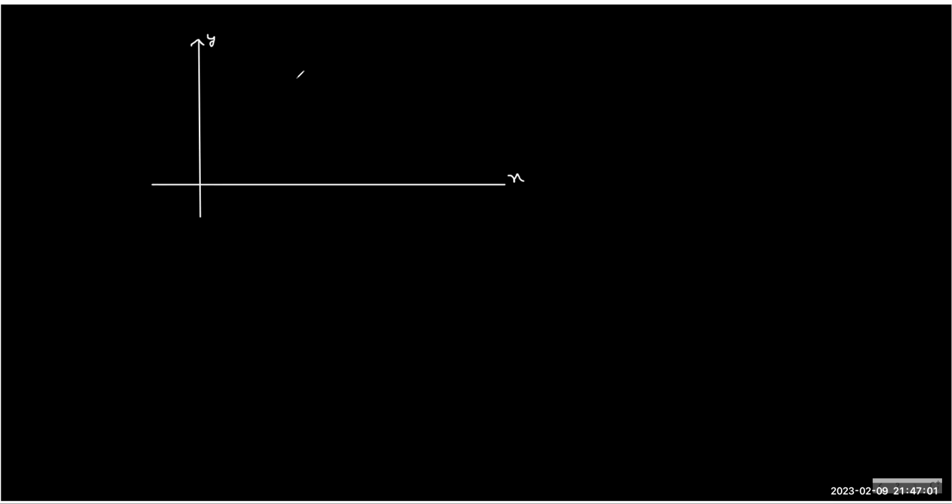So a particle is moving in such a way that its position at any instant has a parametric equation equal to t square and 2t. So this kind of parametric equation will lead to what? This is the equation of a parabola. So in fact, I can clearly see that it will have something like this. The path is going to be like this, isn't it?